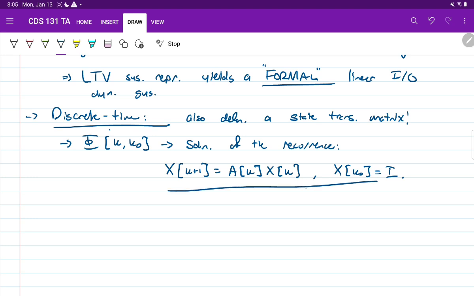This mirrors the continuous time case pretty closely. We're just swapping out a differential equation for a recurrence. Once we have this, we could find phi of k comma k naught via a product of matrices.